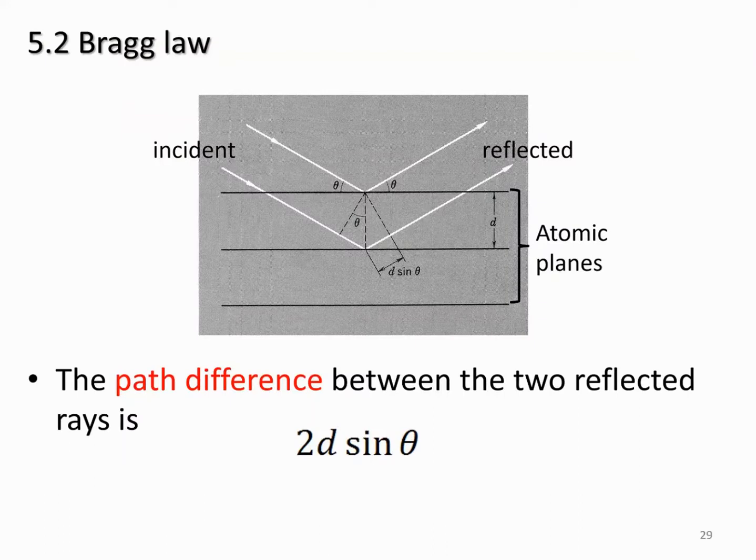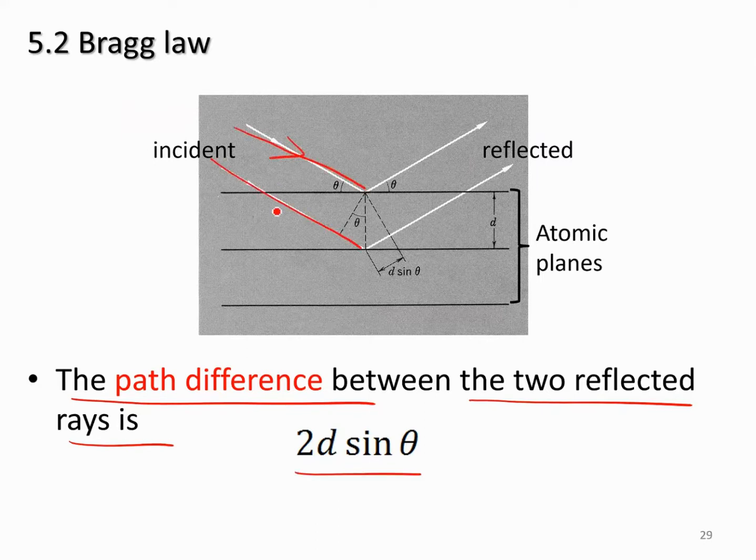For the Bragg law, this is what you have learned previously, maybe from secondary school. What you do is that you get a path difference between the two reflected rays as 2d sine theta. So we have one incident ray and a second incident ray.